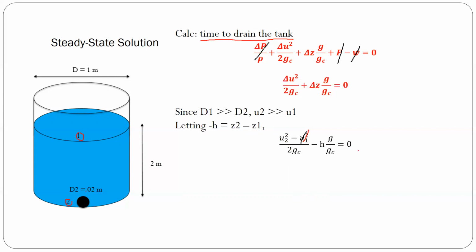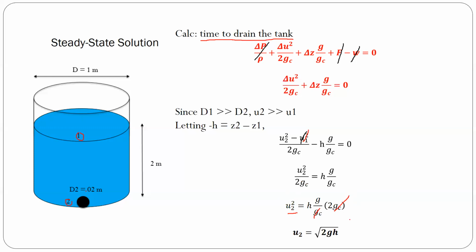Okay? Now, rearranging this further, we just rearrange the equation. We can cancel gc here, okay, and then we still have the square of U2 sa left-hand side ng equation. So what we need to do is to take the square root of both sides.